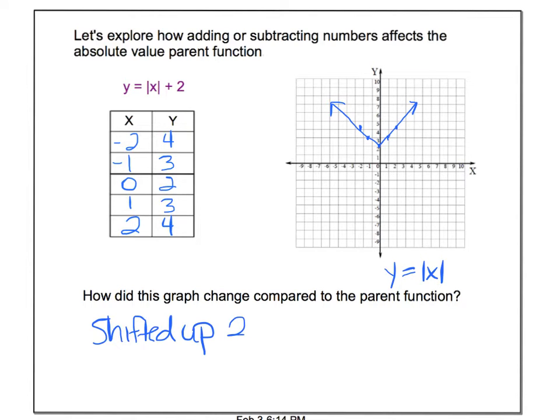So the vertex is shifted up 2, which is very much related to this +2 on the outside of the absolute value. That acts as a y-intercept. And you know how those behave with lines. They behave similarly with absolute values. They will shift your vertex up and down on the y-axis.